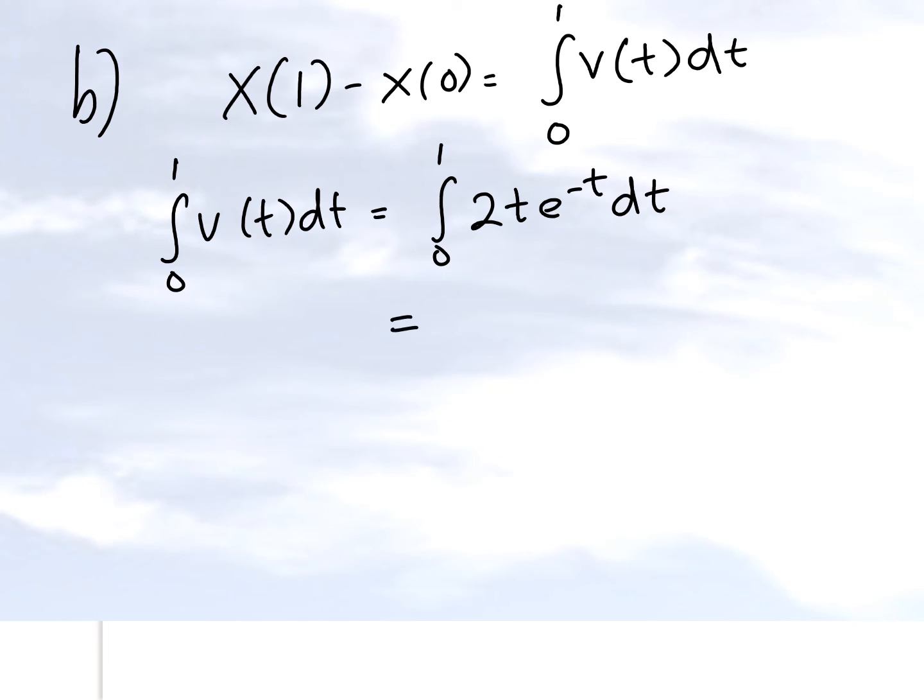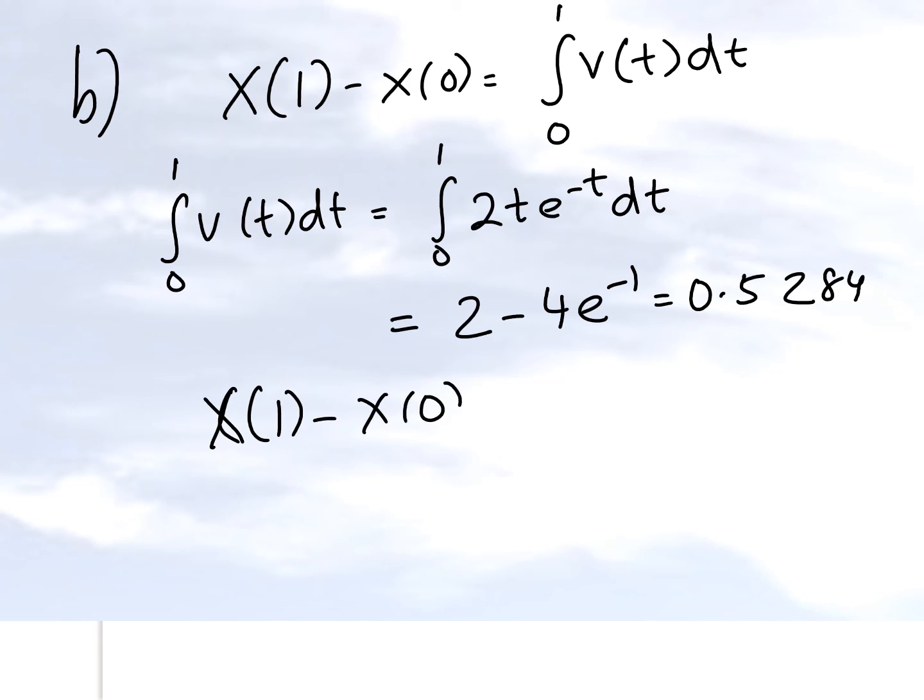So without any extra calculations, this is what we're going to get, and this will be 0.5284. However, we are given that x of 1 minus x of 0 is equal to 0.5284. And we are given that the location of the body at t equal to 1 second is 7.